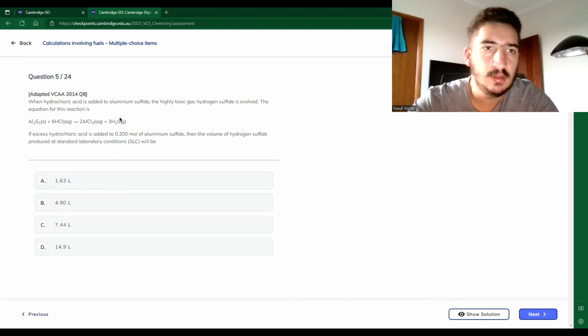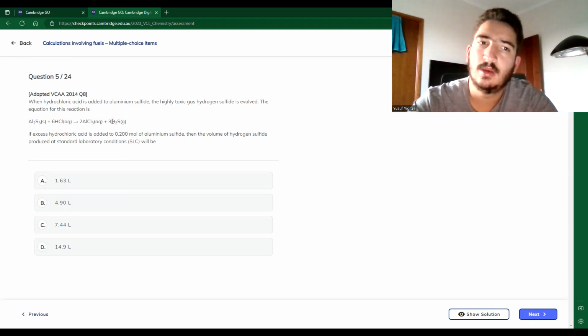When hydrochloric acid is added to aluminum sulfide, the highly toxic gas hydrogen sulfide is evolved. If excess hydrochloric acid is added to 0.2 moles of aluminum sulfide, then the volume of hydrogen sulfide produced will be? The amount of moles equals the volume divided by the mole volume. Mole volume is 24.8.